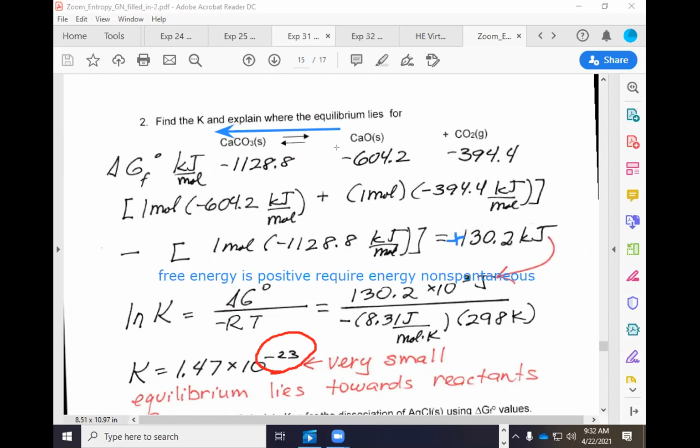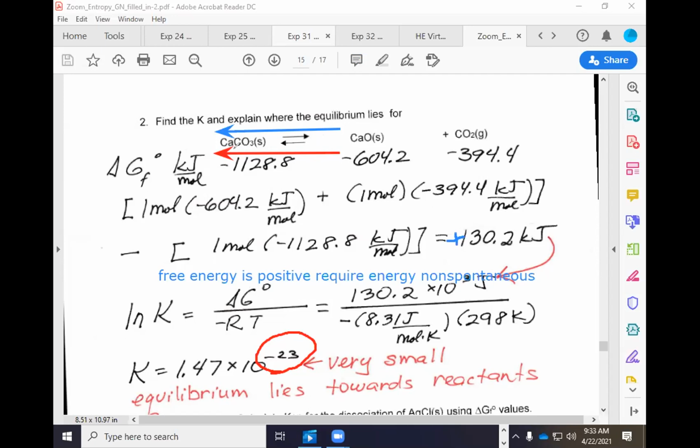And so according to our KEQ, our equilibrium lies that way. So this positive tells us where the equilibrium lies. That would be another way you could explain the answer. Or certainly this very small exponent tells you also where the equilibrium lies.